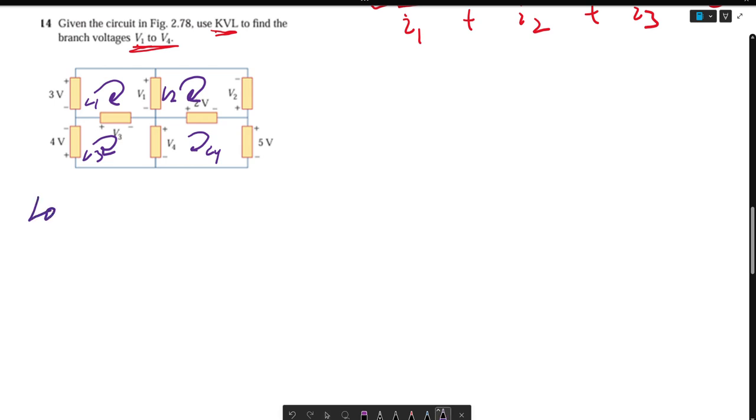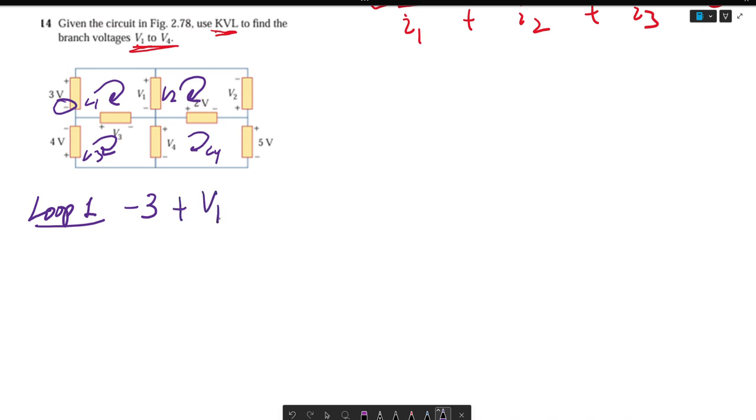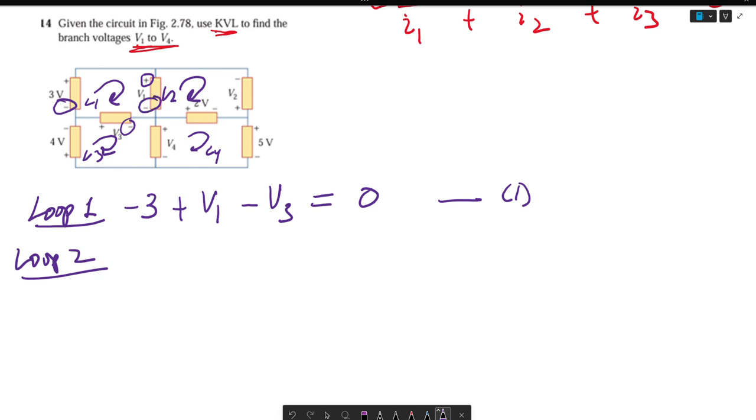So in loop 1, we could say minus 3, because it's going into the negative terminal, plus V1, positive, minus V3, negative, is equal to 0. So this is my first equation. Loop 2, we could say minus V1, because this loop 2 is entering the negative terminal of V1 right here.